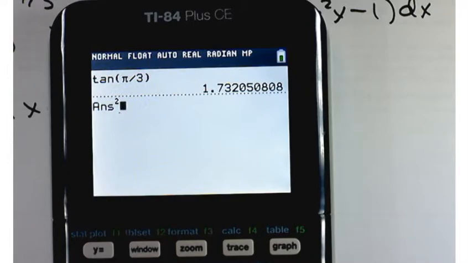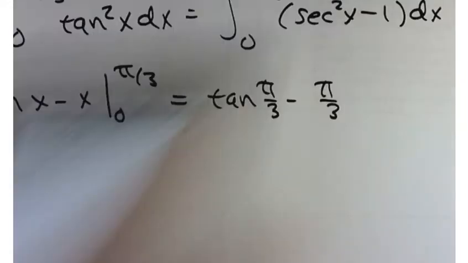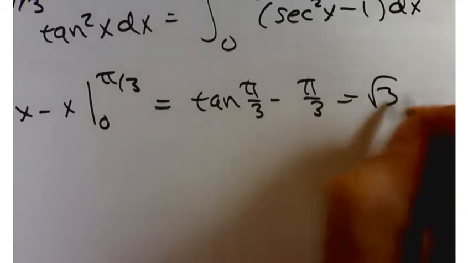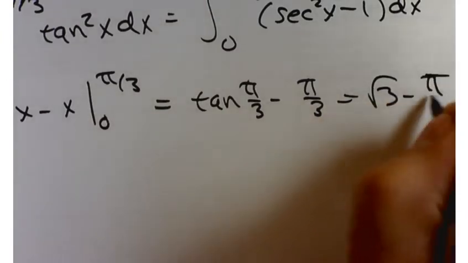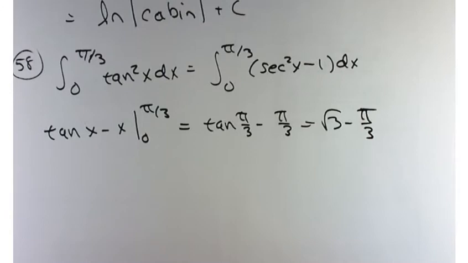Let's hit the square button. So if I square it and I get 3, what did it start out as? Square root of 3. Yay! Square root of 3 minus pi over 3. Yay, I think this deserves some more love. That was easy. Yeah, cool.